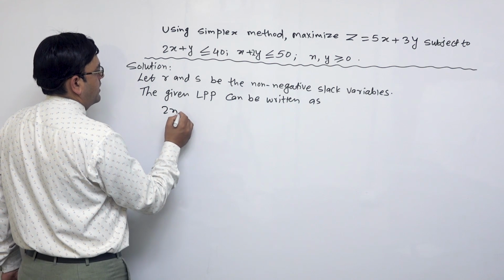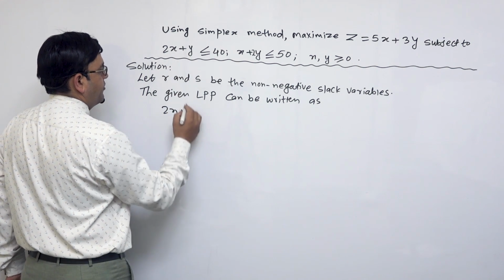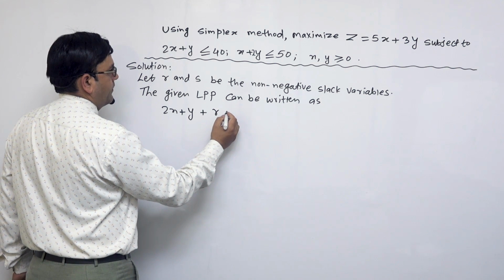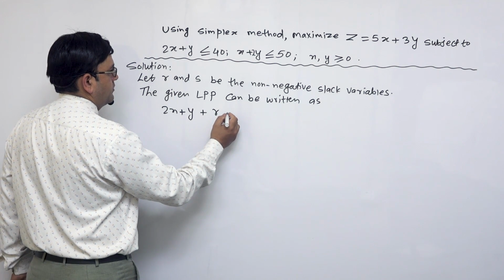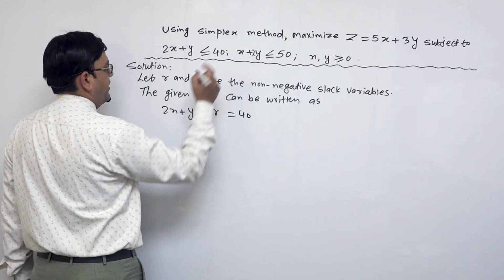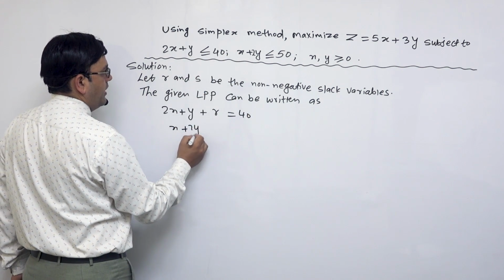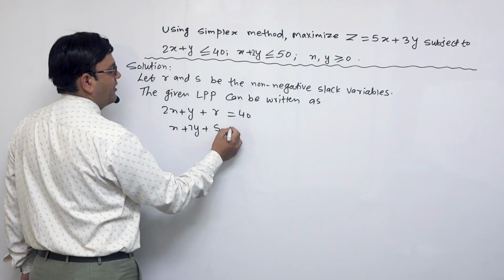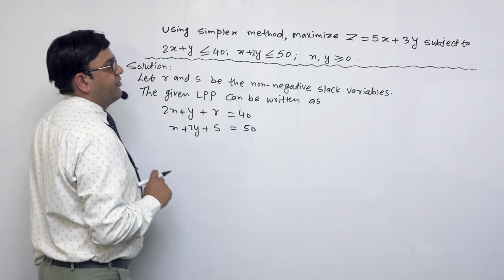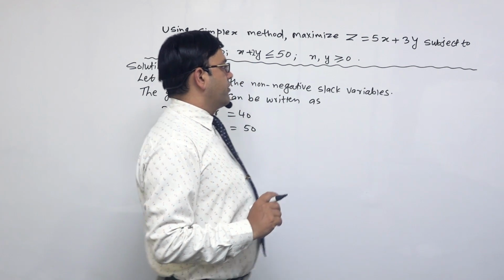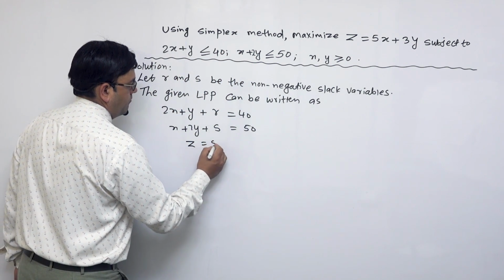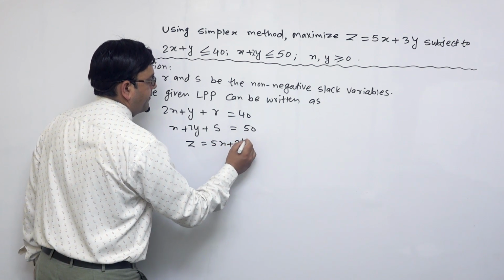2x plus y plus the slack variable r equals 40, and the second one is x plus 2y plus s equals 50, and the third one is z equal to 5x plus 3y.